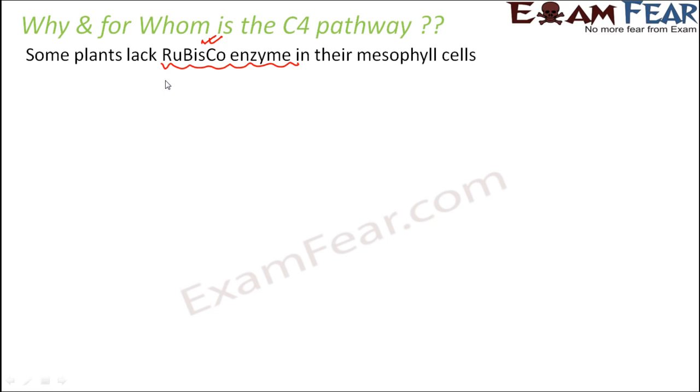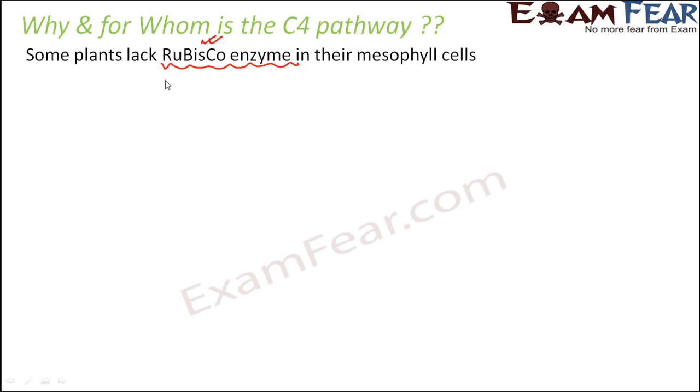Carbon fixation cannot take place without the rubisco enzyme, because it is because of this enzyme that RuBP gets carboxylated as well as oxygenated. So if this enzyme is not there in the mesophyll cells of certain plants, the C3 pathway cannot take place, and that is why we have an alternative pathway called the C4 pathway.